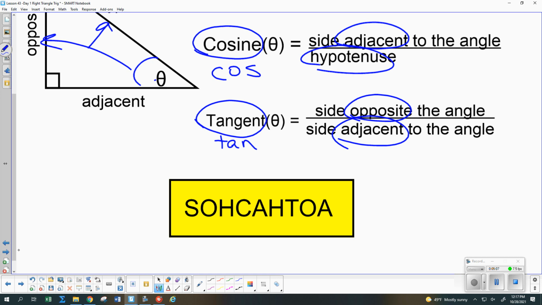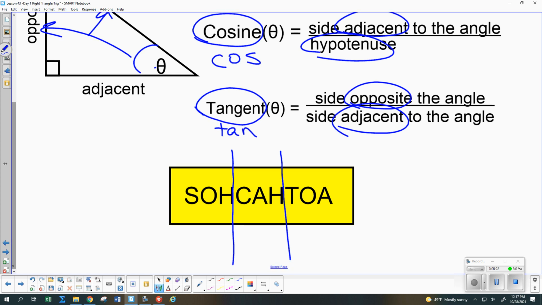And we memorize that and remember it by learning this little made-up word, Sohcahtoa. Most of us can manage to remember Sohcahtoa after a few tries. And what that tells us, this one starts with S, that the sine is always the opposite over the hypotenuse.